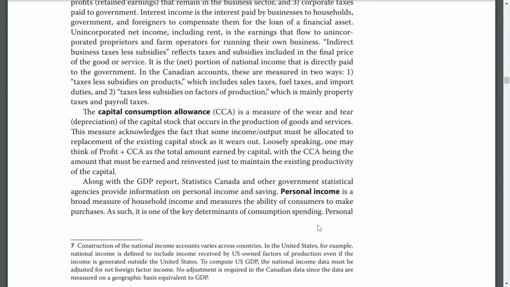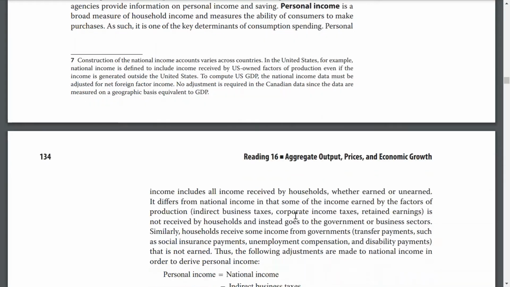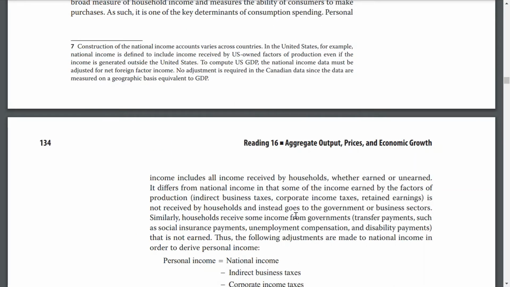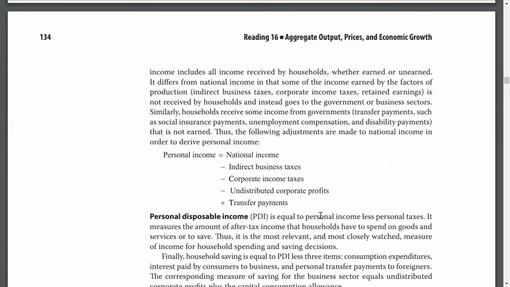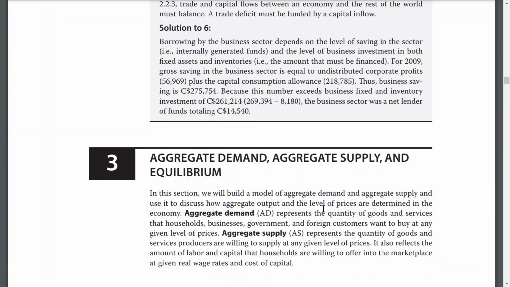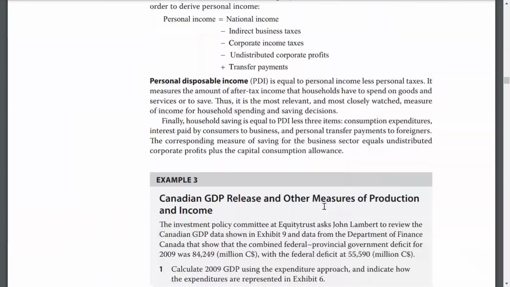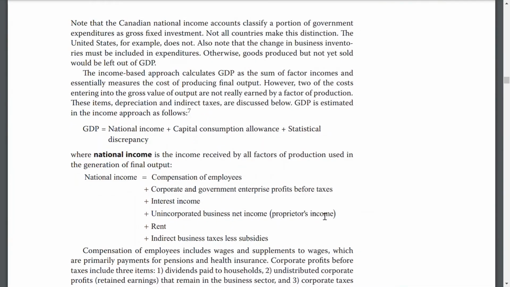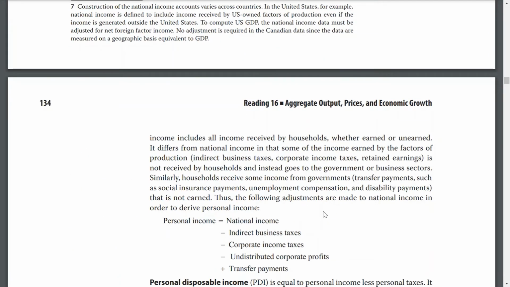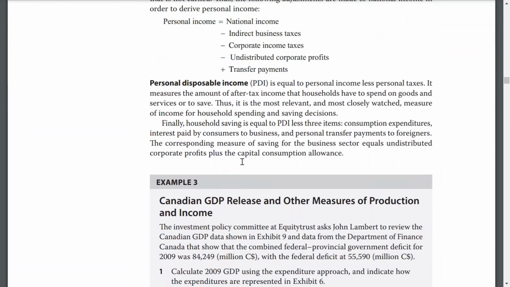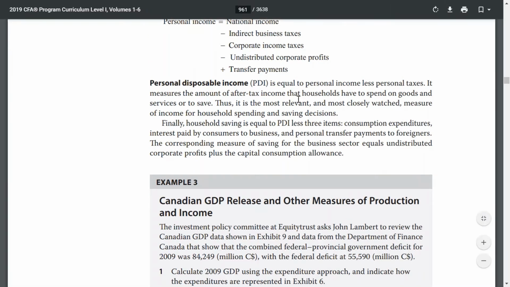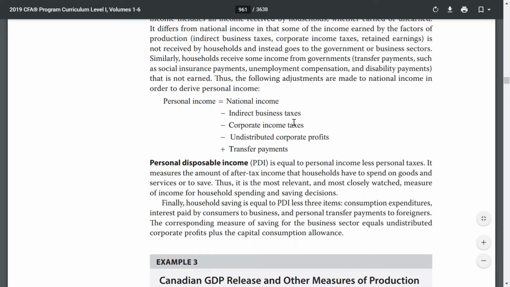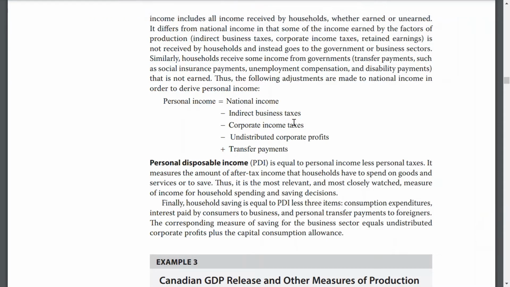As such, it is one of the key determinants of consumption spending. Personal income is calculated as national income, less indirect business taxes, less corporate income taxes, less undistributed corporate profits, less transfer payments.